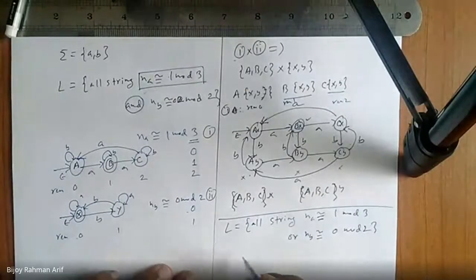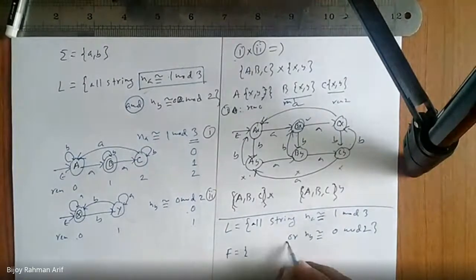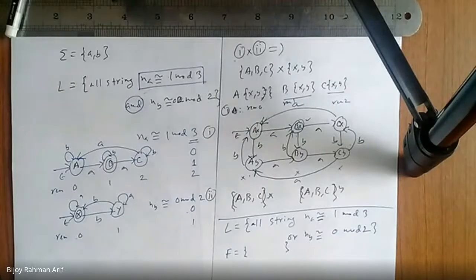Note that it is an OR operation, not AND. Then what would be the final state? The finite automata would be this, but what would be the final set?